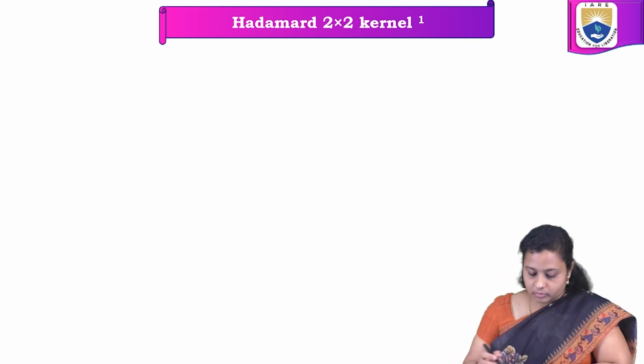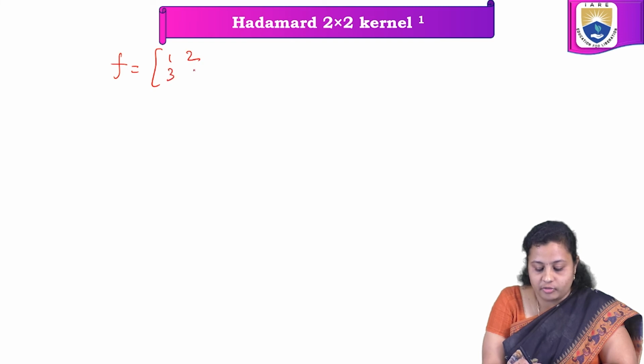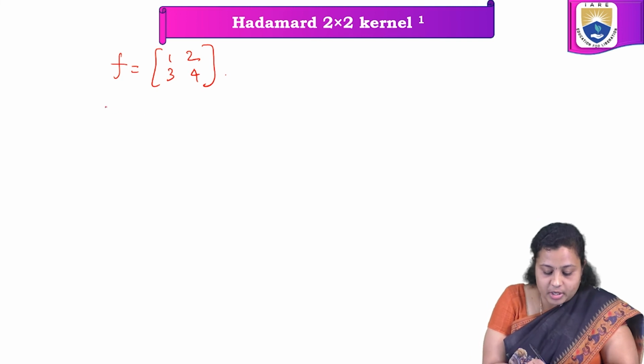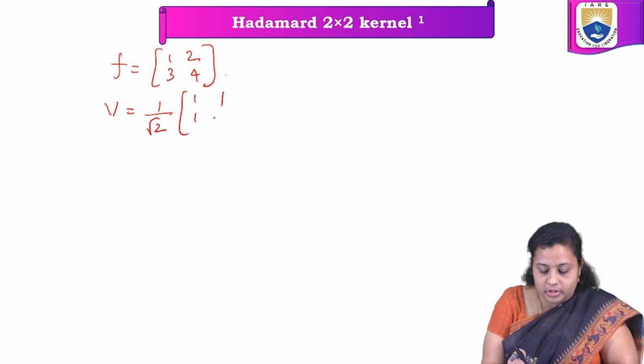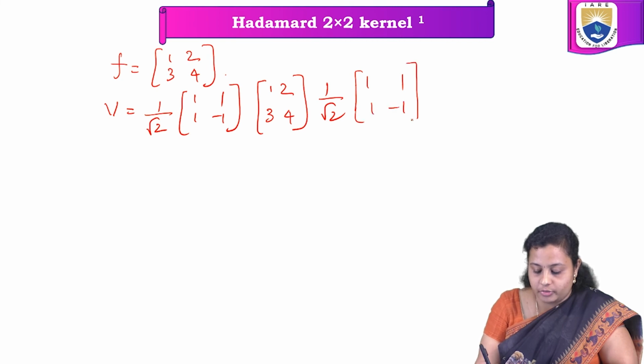Now, suppose I have an image of size [1 2; 3 4]. Then using my Hadamard equation, I can say that my output image transform is given by 1 by square root of 2 into [1 1; 1 minus 1] into [1 2; 3 4], multiplied by the transpose of my Hadamard transform, which is given by [1 1; 1 minus 1], right?